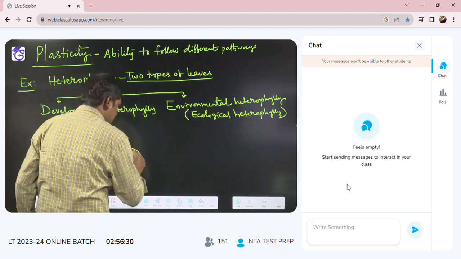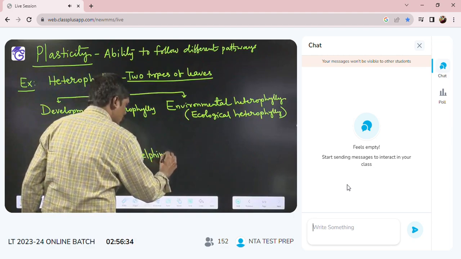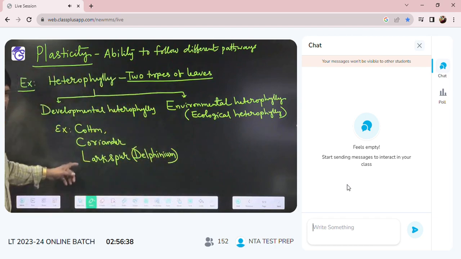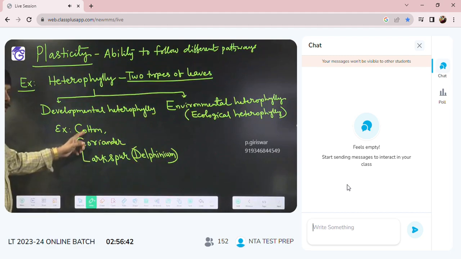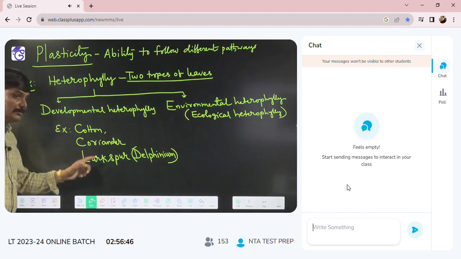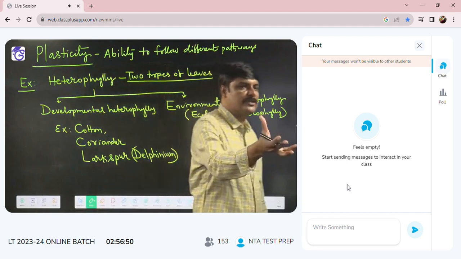The scientific name of larkspur is delphinium. In these three plants, cotton, coriander, and larkspur, the young leaf shape is different and the mature leaf shape is different.